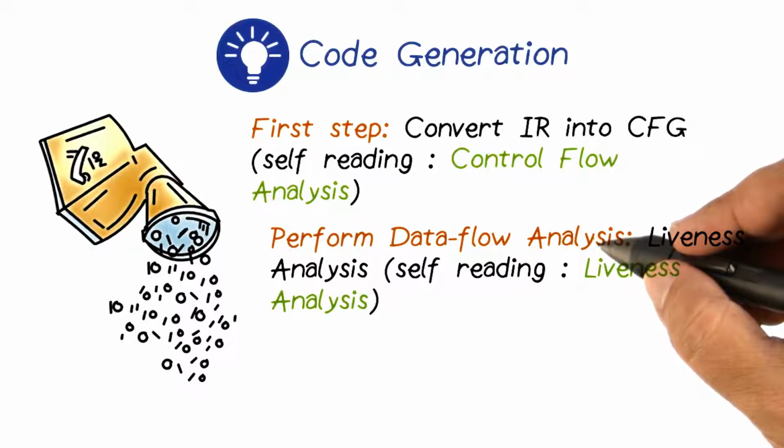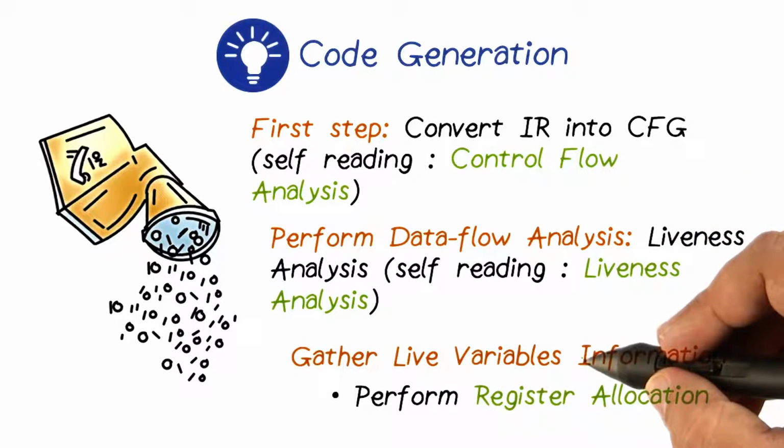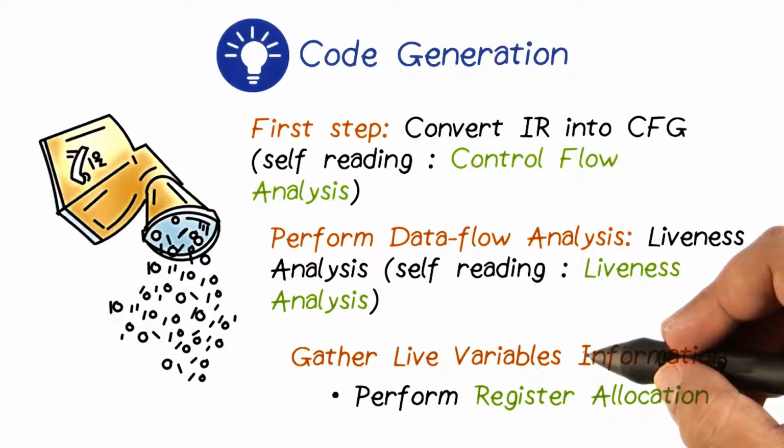This analysis is the precursor to a very good register allocator. And finally, after those live variables information is captured by the liveness analysis, we are going to actually decide which of these variables get registers and which of them will be residing in memory. And in this lesson, we are going to focus on this particular aspect called register allocation.